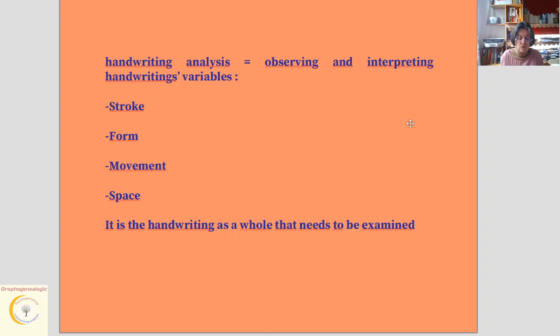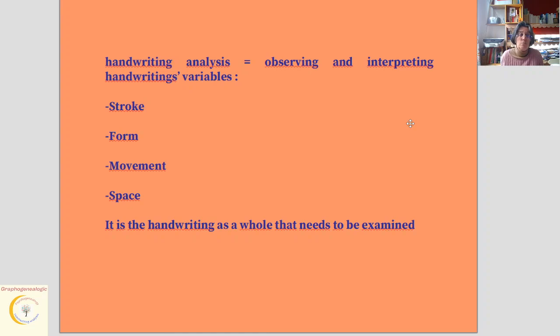So this is the first thing that we can observe, and that usually people who don't practice graphology will not pay attention to.